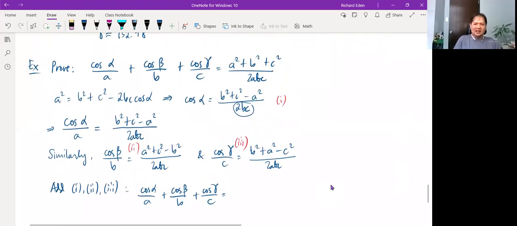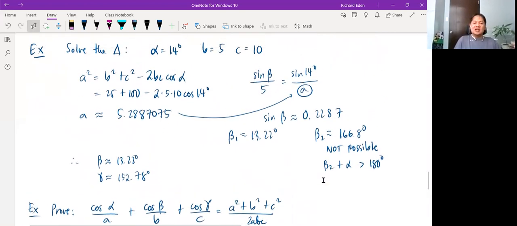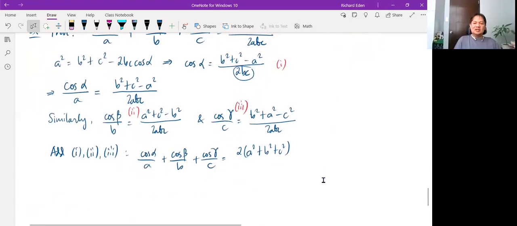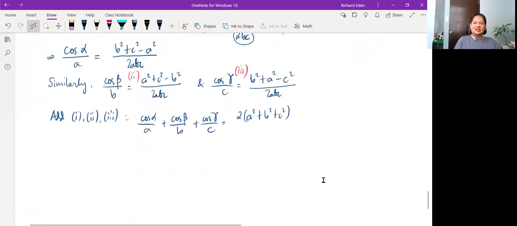Okay, so if you add, why does this look so close to the sine law? I don't know, maybe it's a coincidence.